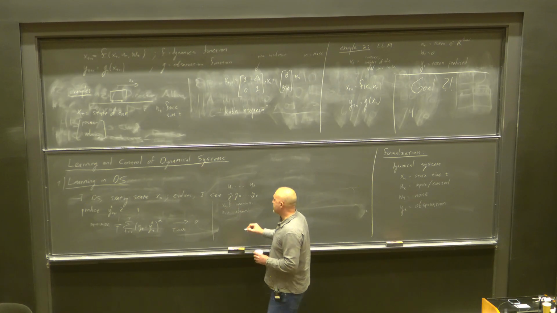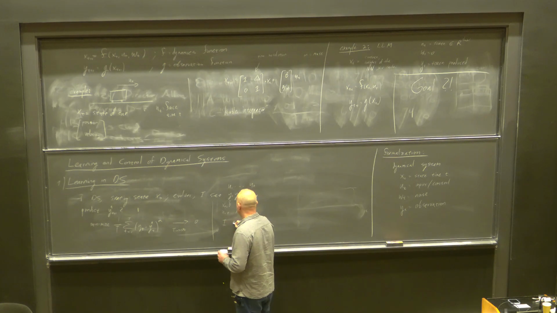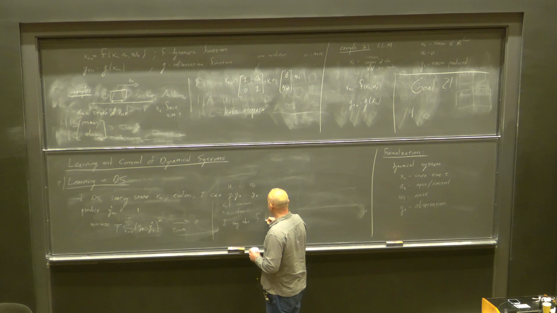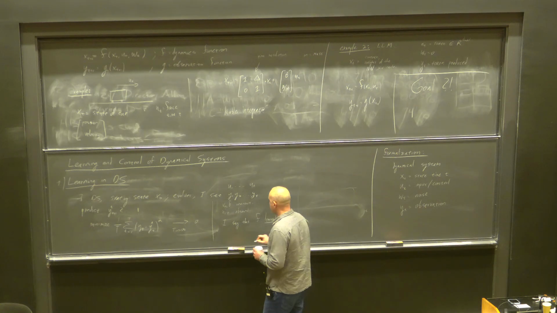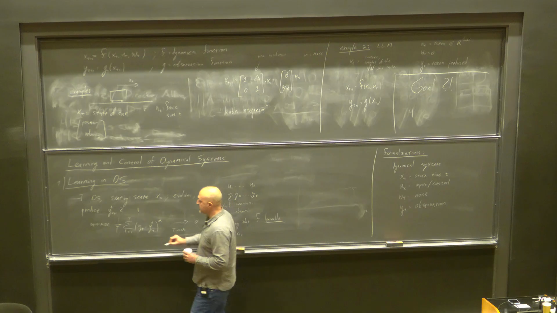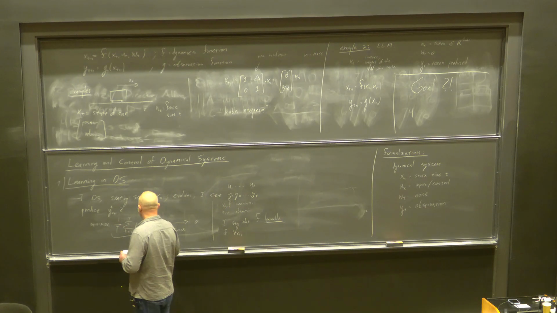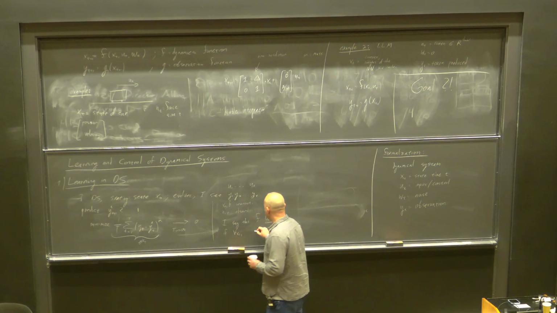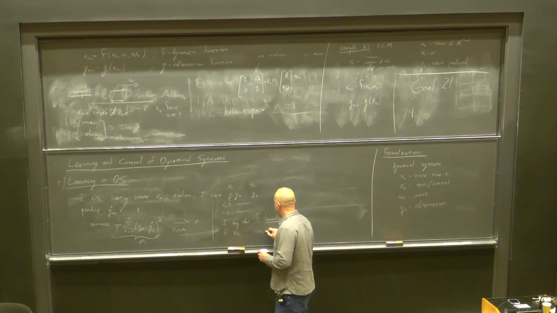And then I say that this dynamics is learnable if and only if for every x0, let's call this error t, so error t goes to 0 as t goes to infinity.